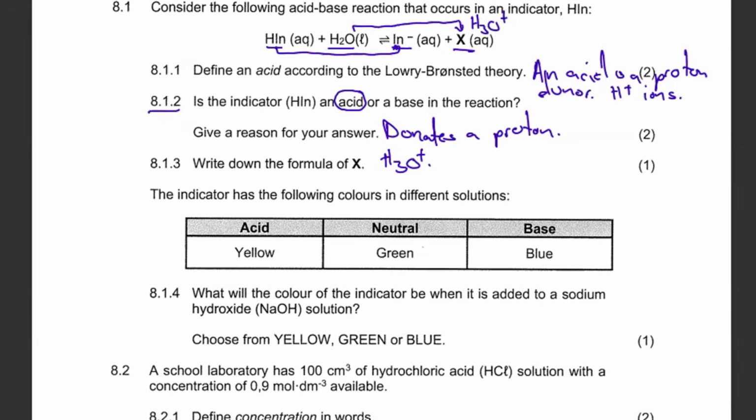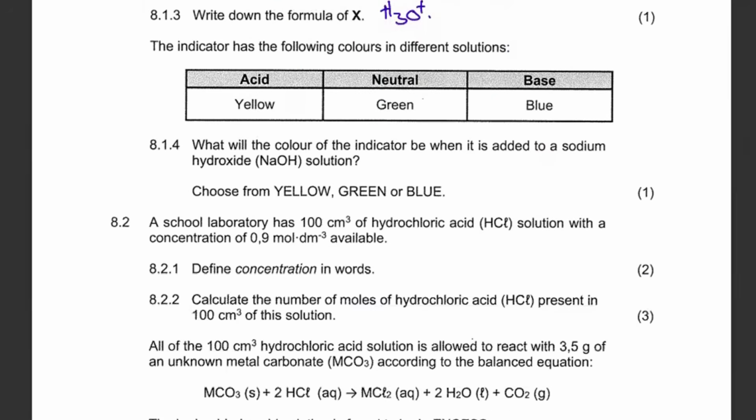Then the indicator has the following colors in different solutions. Acid is yellow, neutral is green, and base is blue. What will the color of the indicator be when it is added to sodium hydroxide solution? You need to know what sodium hydroxide is.